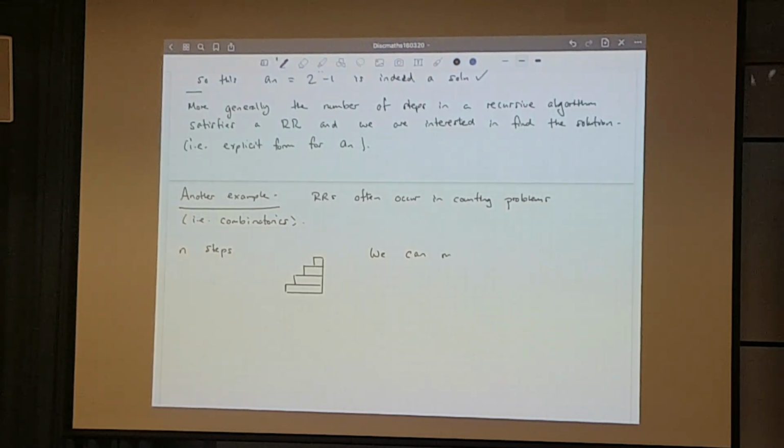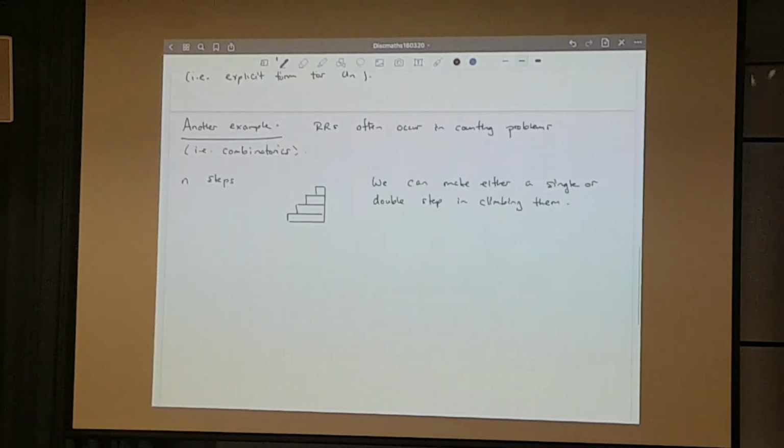So we can make either a single or double step in climbing them. So the question is, in how many ways can you climb a staircase?